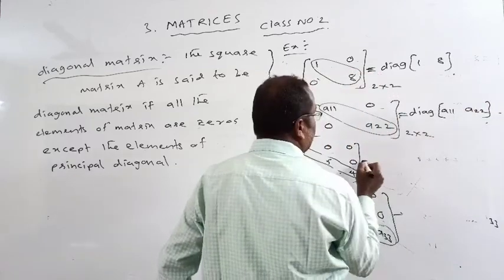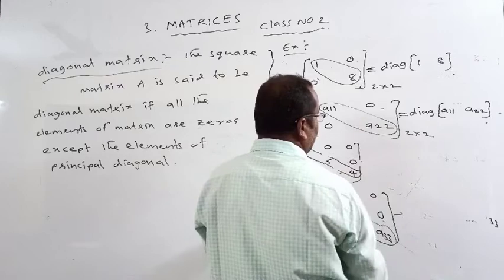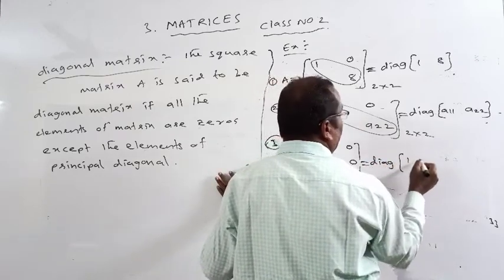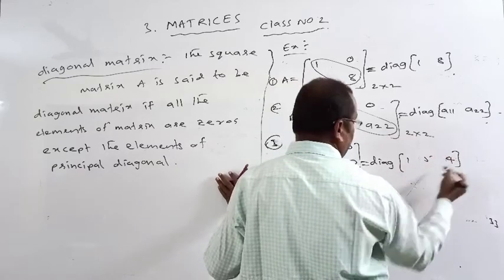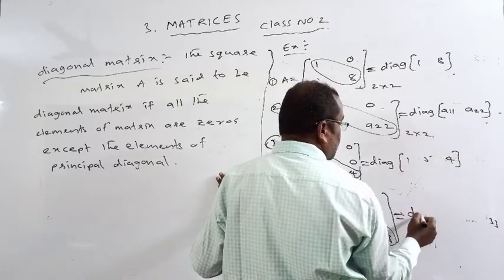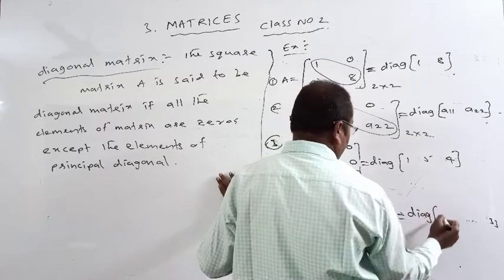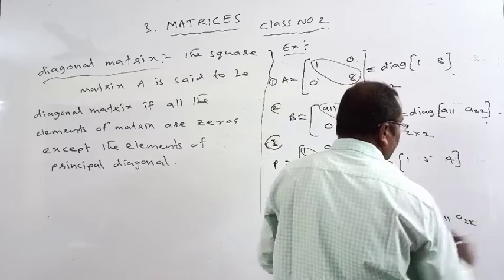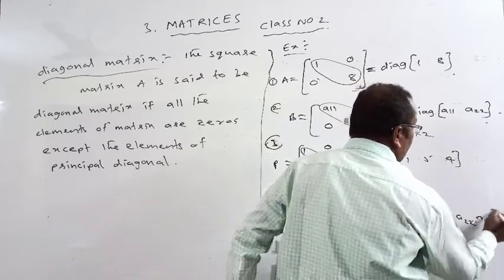Diagonal of 1, 5, 4 can also be written as diagonal of A11, A22, A33.